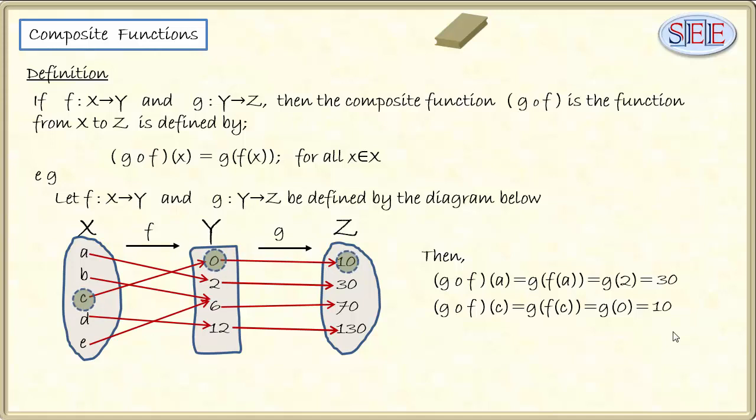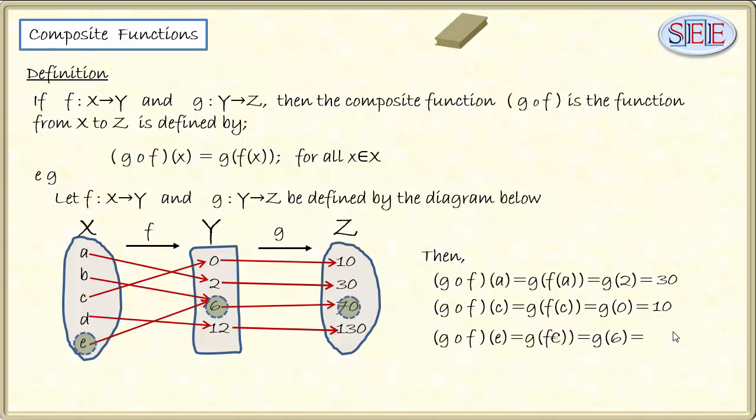Finally, we are asked to find the image of e under the composite function, that is g of f of e. So first get the image of e under the function f.